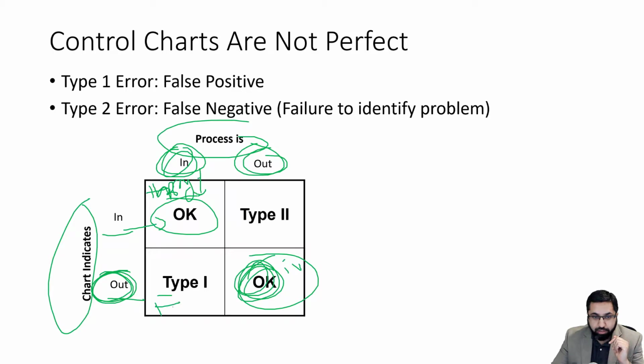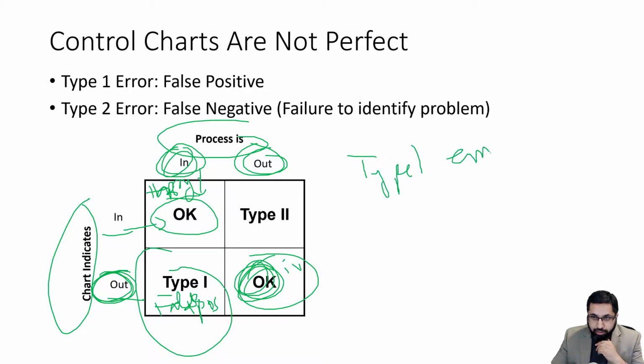That's called a false positive. The chart says red flag, things are out of control, and you go investigate and there's nothing there. That's called type 1 error, or a false positive. And the probability is given by what sigma control chart you have.